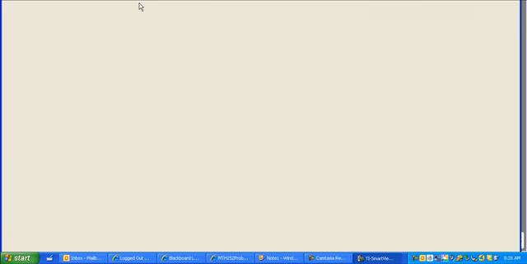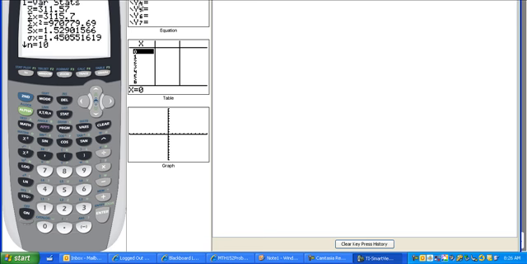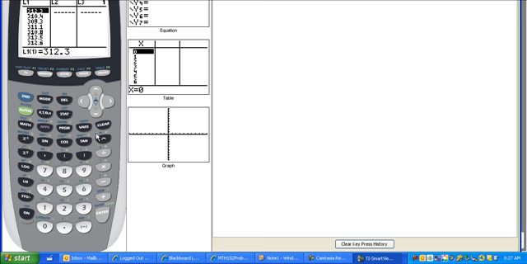Okay, now there may be a little bit of this you can't see. I'm going to clear the calculator. So we start out clear. And I want to go to Stat. And I want to choose Edit. And what I want to do is clear this first list. So I'm going to move up, highlight the name, press Clear, and Enter.